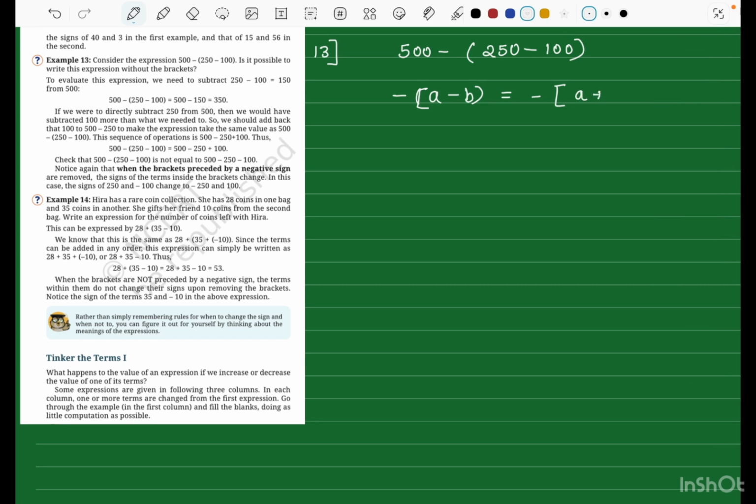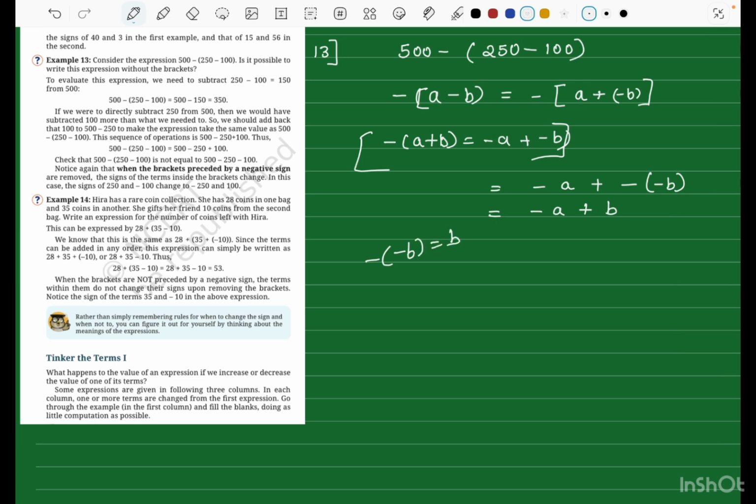We can split A minus B as A plus minus B. So by minus of A plus B equal to minus A plus minus B, we can write it as minus A plus minus of minus B, that is minus A plus B. Minus of minus B is B, therefore we get minus A plus B.